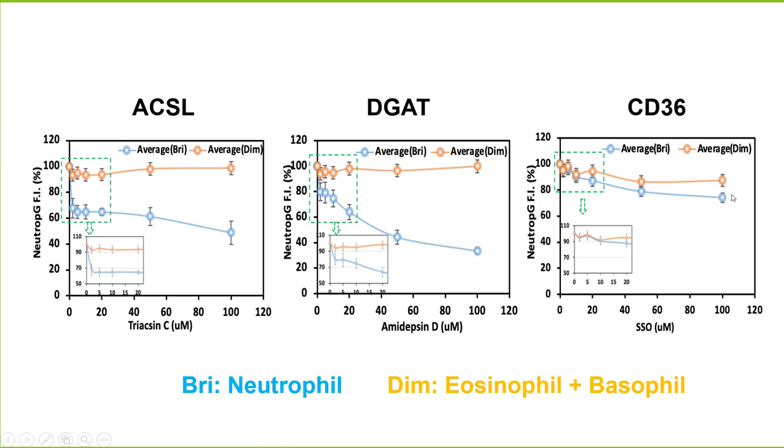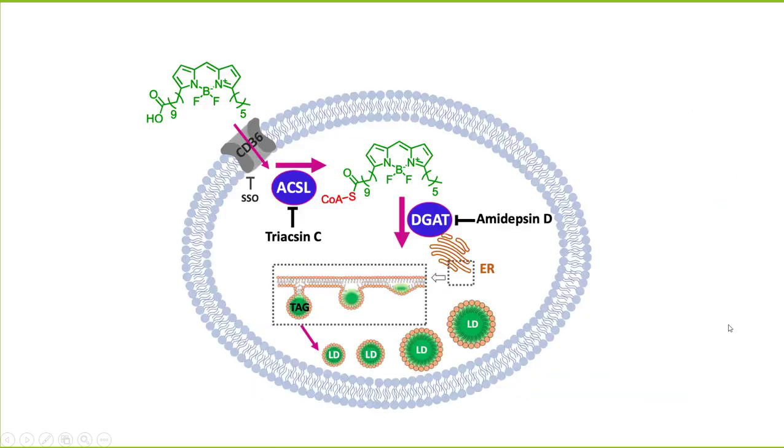CD36, not much change. So using this data, we could conclude that CD36 is shared by all cell types. But on these pathways, ACSL and DGAT pathways, for some reason this pathway is more activated than in other cells, only in neutrophils. And eosinophil and basophil may utilize different pathways and then go into lipid droplet synthesis, but not sharing this.